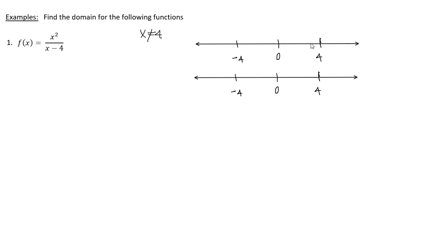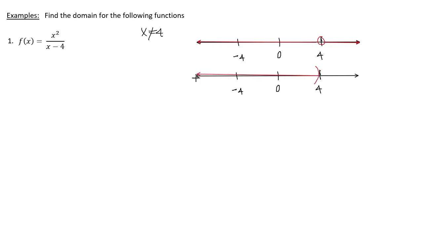So if I think about this on the number line, I can't have the number 4, but I can have any other real number. So it doesn't include 4, but it can include all the numbers less than 4. It doesn't include 4, but it can include all the numbers greater than 4.